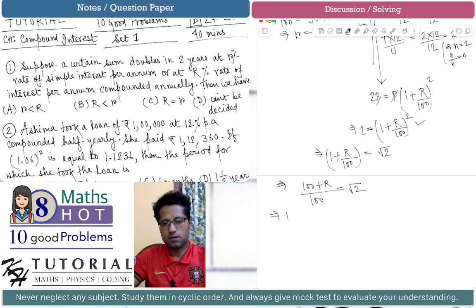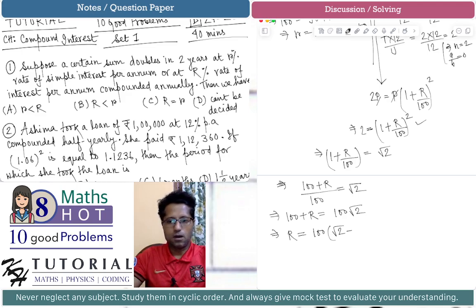This implies 100 plus R is equal to 100 multiplied by square root of 2. This implies R is equal to 100 times (square root of 2 minus 1).